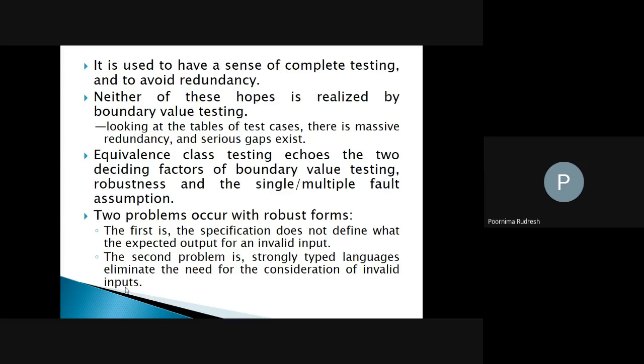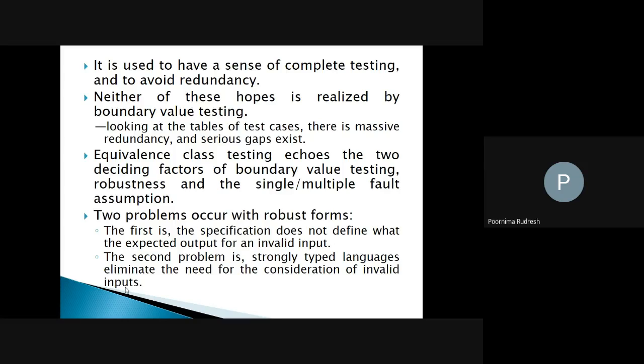So that problem arises when we use the robust form, and the other one is for strongly typed languages, because using strongly typed languages eliminates the need to consider invalid inputs. Whenever we use strongly typed languages, we can use only the valid test cases, and the invalid test cases cannot be considered.